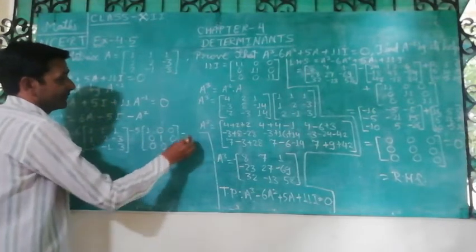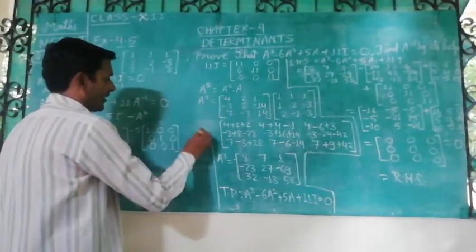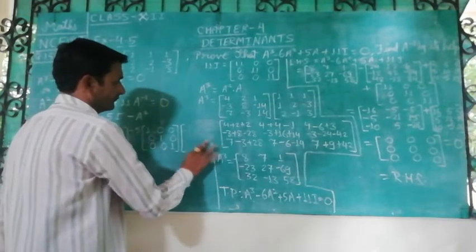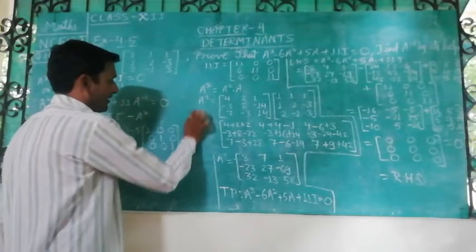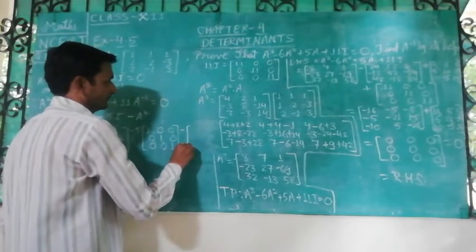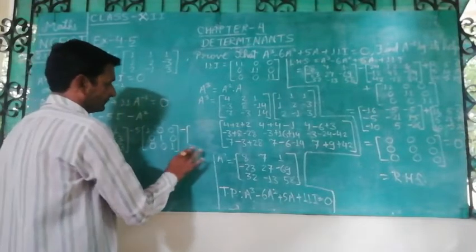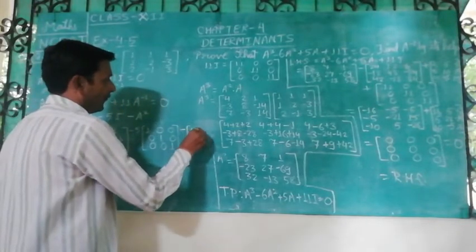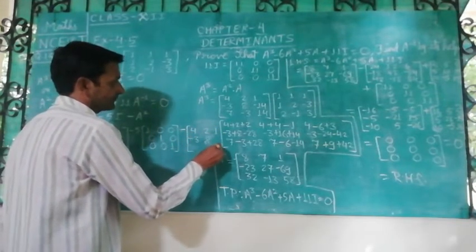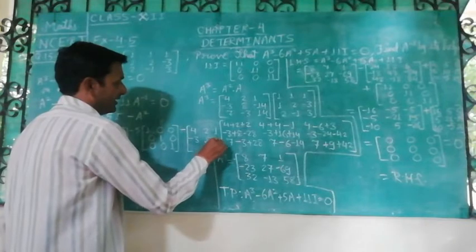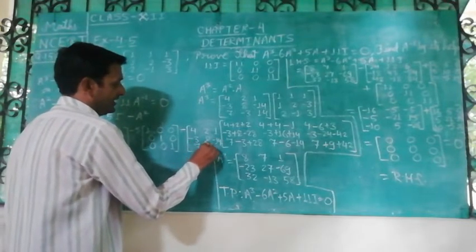Now A square, see, this is the value of A square. I am writing here A square. It is 4, sorry, with minus sign it is minus A square. 4, 2, 1, minus 3, 8, minus 14, and then 7, minus 3, and 14.